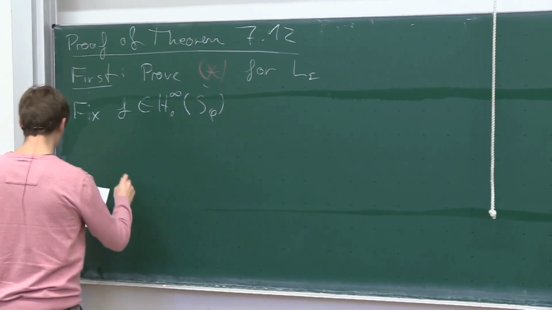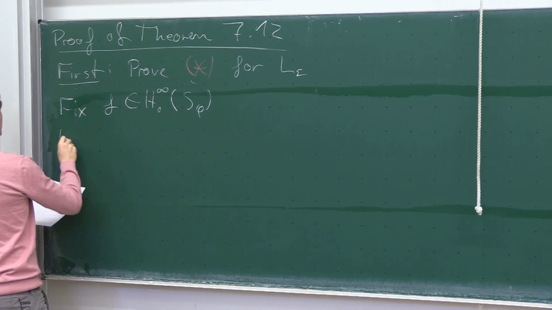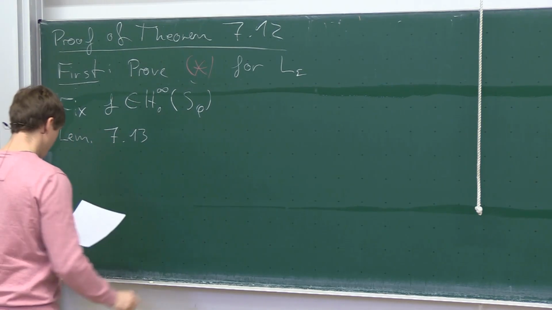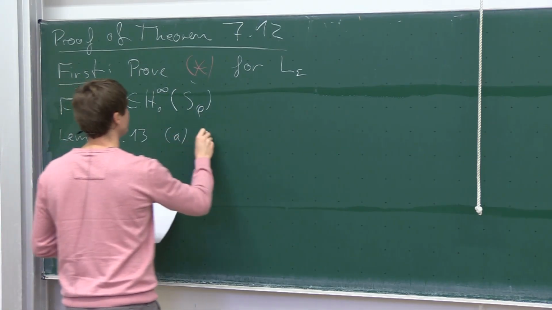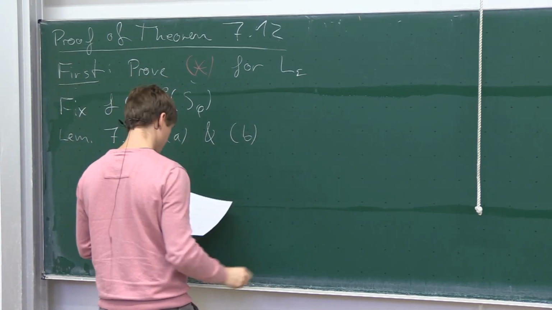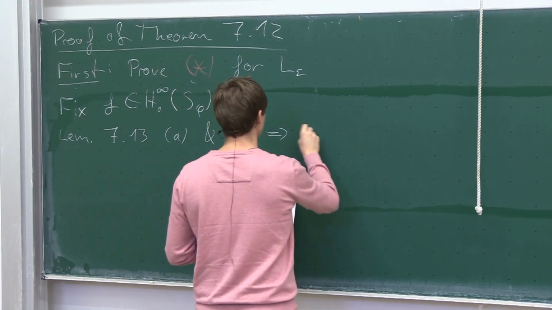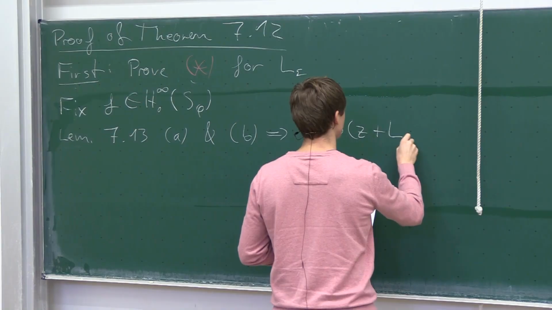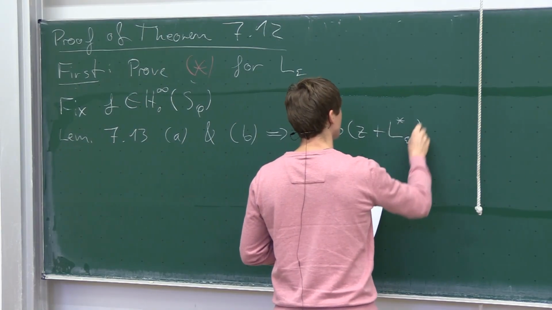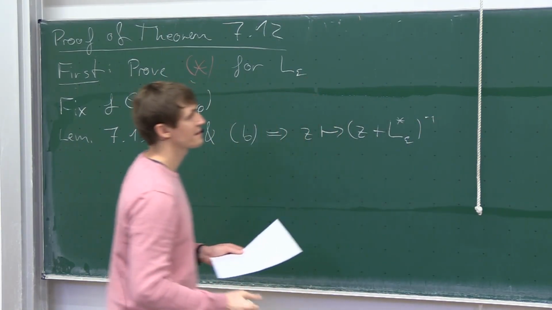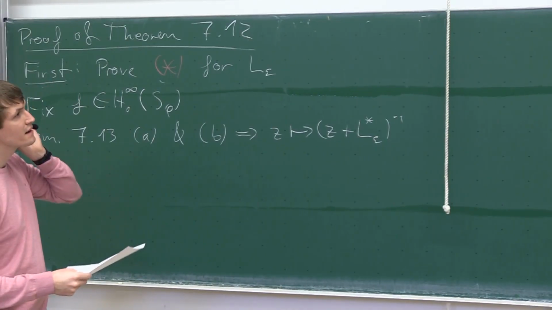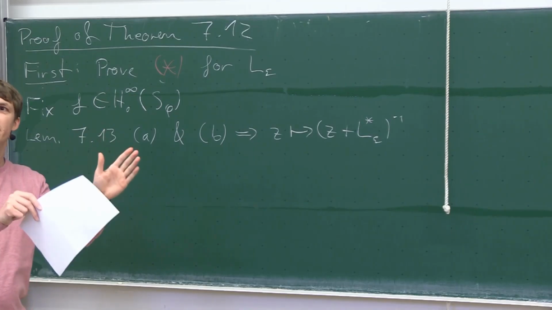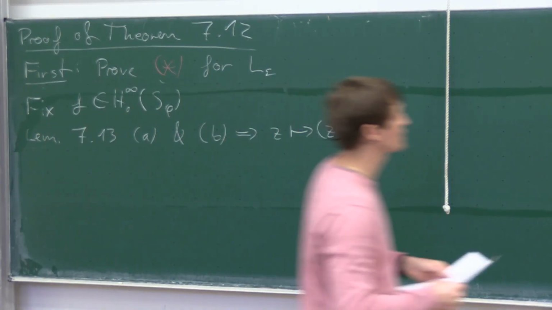So we use the lemma which we just proved, part A and B, to conclude the following. Namely, that the function which maps z to the inverse of z plus the adjoint of L epsilon is holomorphic on a right half plane which starts a little bit to the left of the origin.